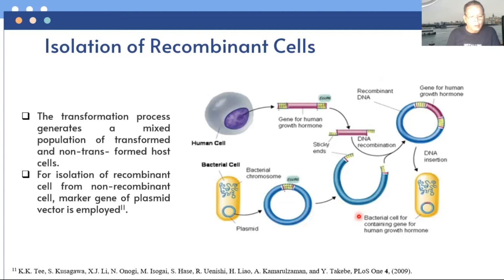For example, pBR322 plasmid vector contains different marker genes, such as ampicillin-resistant gene and tetracycline-resistant gene. When PstI is used, it knocks out the ampicillin-resistant gene from the plasmid, so the recombinant cell becomes sensitive to ampicillin.